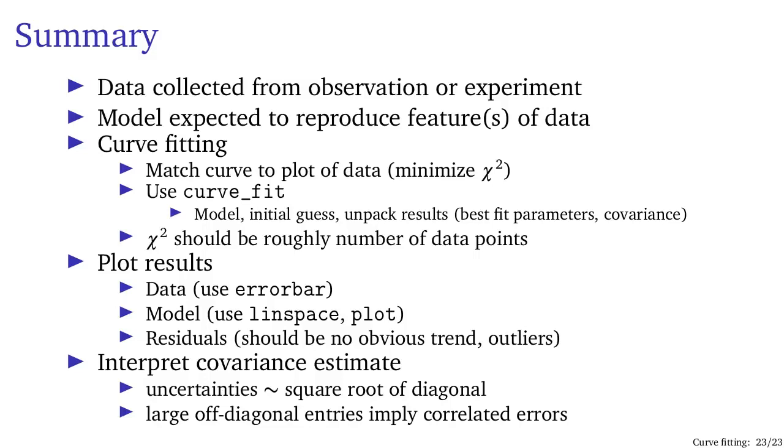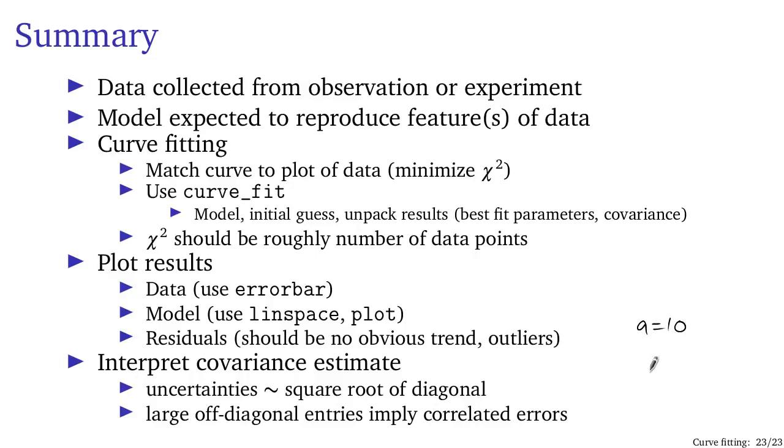Finally, interpreting the covariance estimate allows us to estimate the uncertainties in the fit result parameters, the actual best fit results. The square root of the entries along the diagonal gives us an estimate of the uncertainties. So for instance, if our best fit acceleration for the parabola fit was something like 10, that would be 10 meters per second squared perhaps.